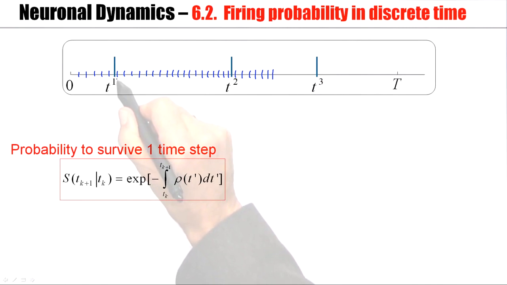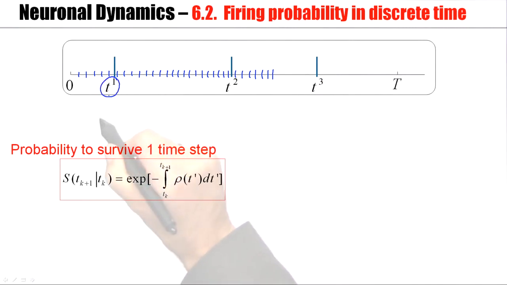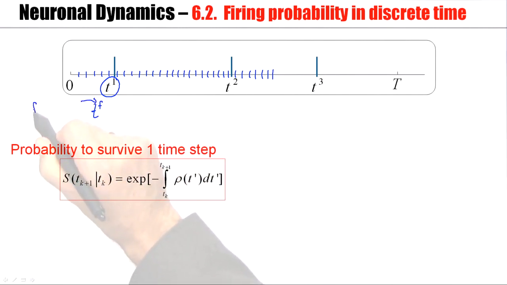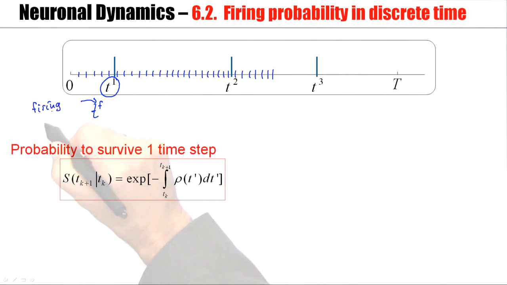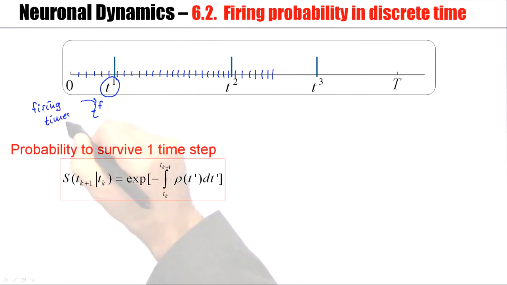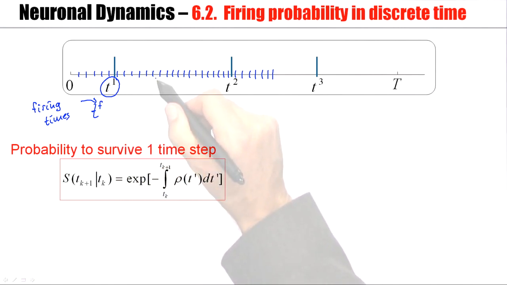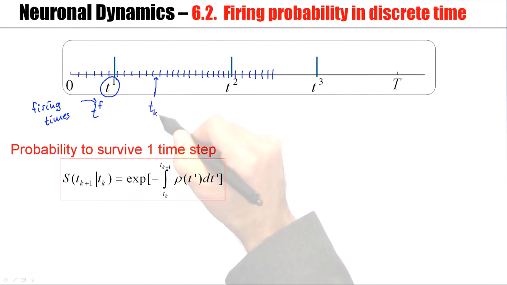So these are the firing times. The firing times have an upper index. Now an arbitrary time step, for example, this one here is tk. It's the lower index.